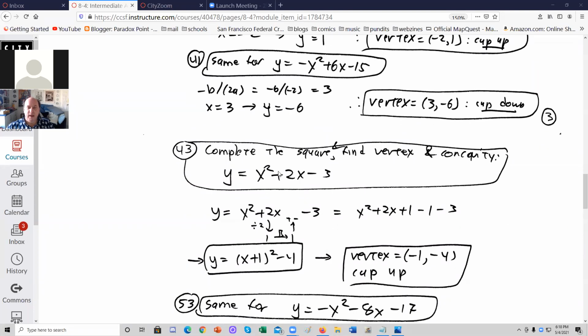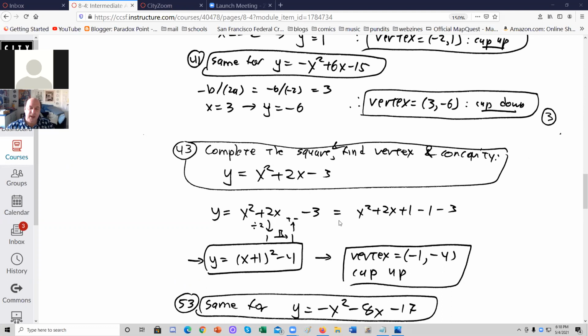And here we have y equals x squared plus 2x minus 3. Complete the square, find the vertex, and is it cup up or cup down? So here we go. y equals x squared plus 2x minus 3. Move this minus 3 off to the side. And to complete the square, we take half of this middle coefficient. That'd be a 1. Square that, it's a 1.